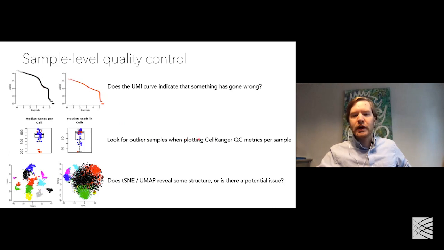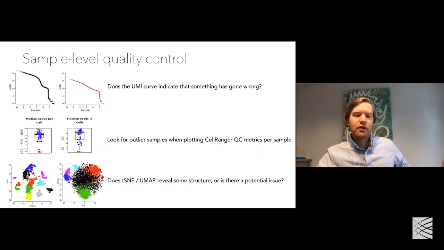Also useful to plot, for example, if you use Cell Ranger count, plot all the QC metrics that come out of it for all the samples, where each dot here is a sample. And just take a look. Are some samples consistently outliers on these metrics or not? Another useful thing, actually a t-SNE plot can be produced by Cell Ranger count automatically.